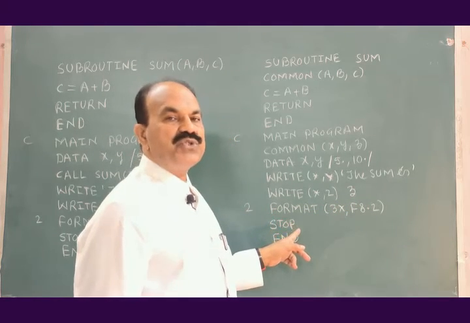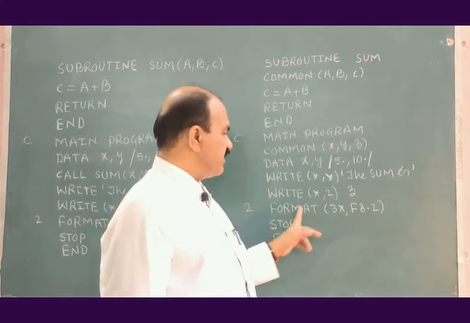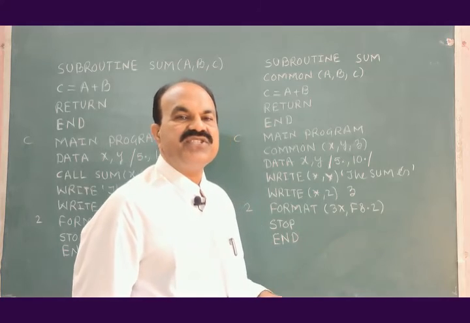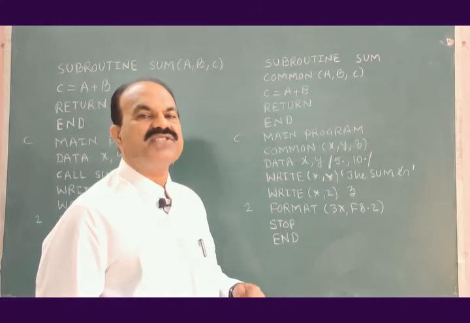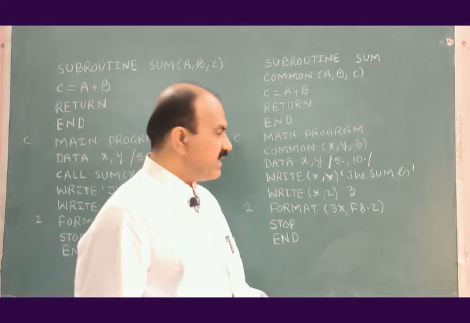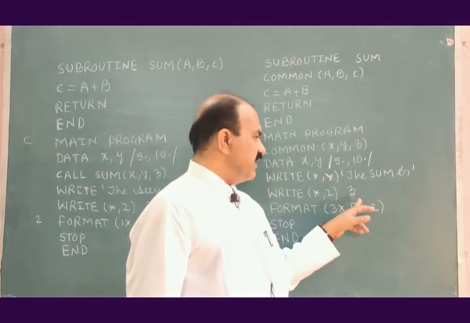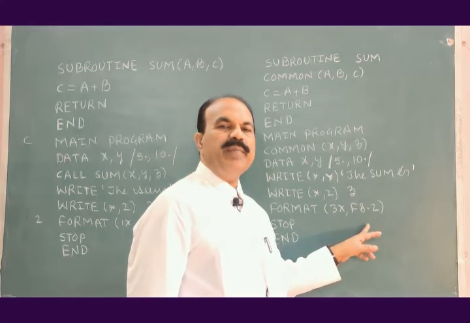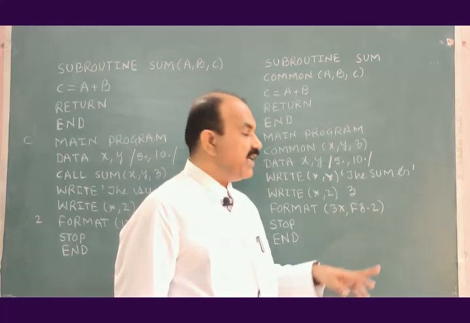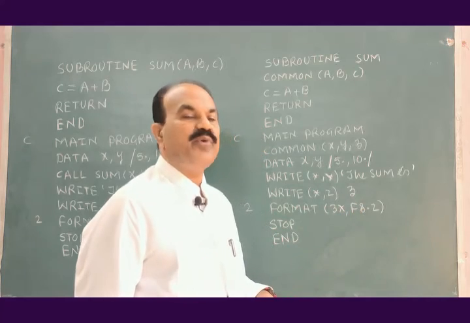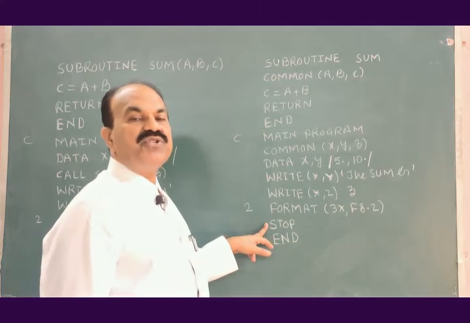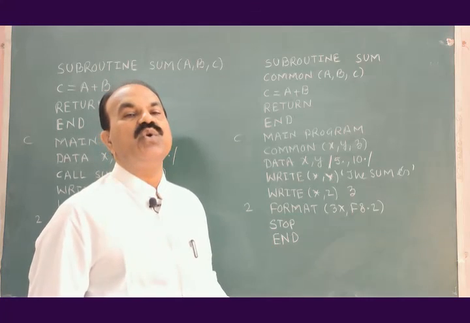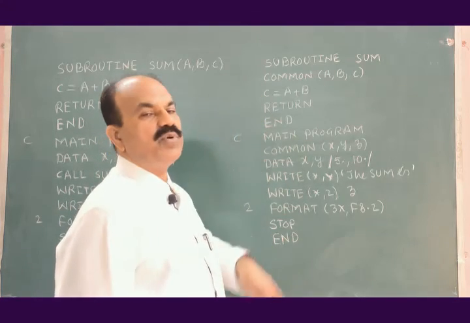What format is to be used to print this real sum z? Format 3x: 3 columns in the output will be skipped and kept blank, and after that z, the sum, is written in the real fractional format f8.2. Program execution is terminated and the control leaves the program.